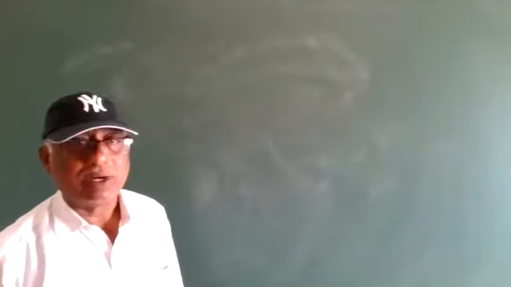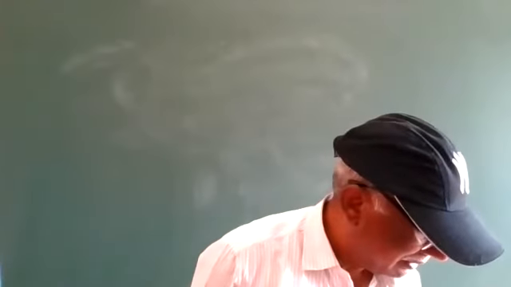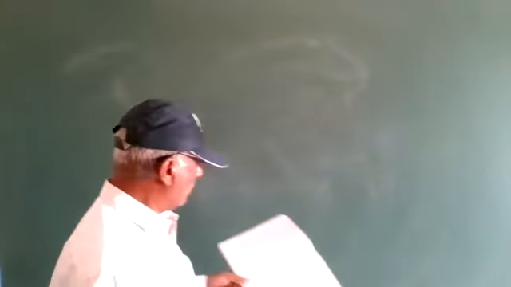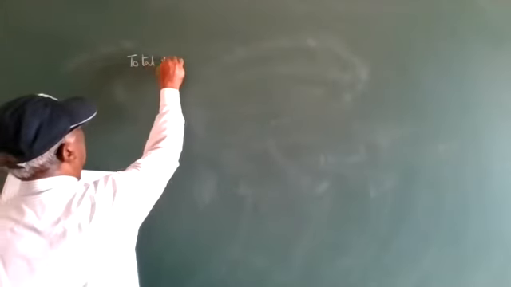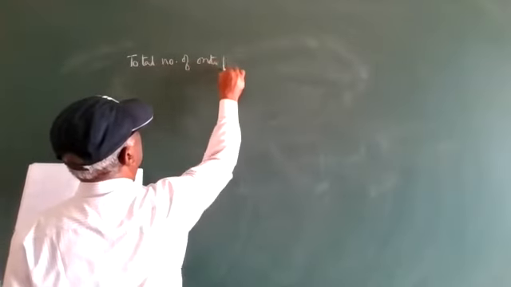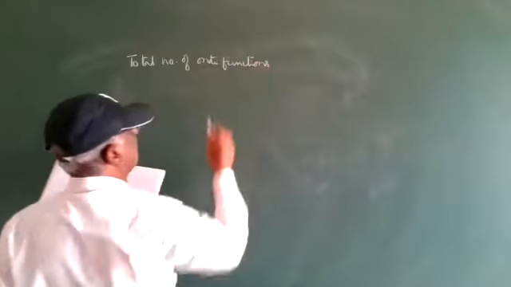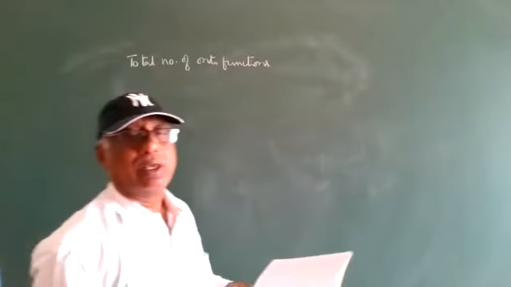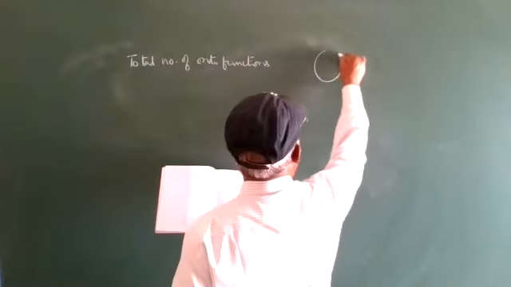Everyone see, what is the condition for onto? Everyone observe the total number of onto functions. Here n of A is the number of elements in the A set.